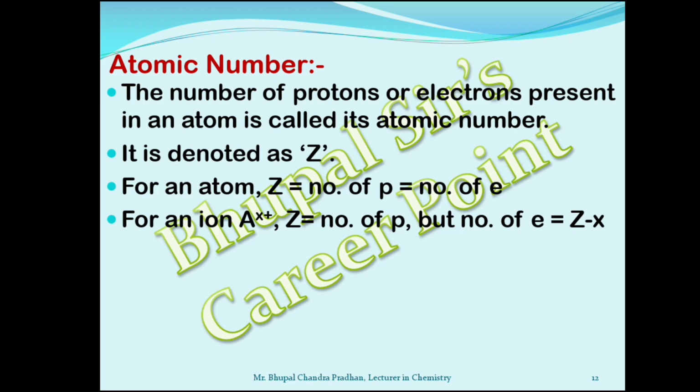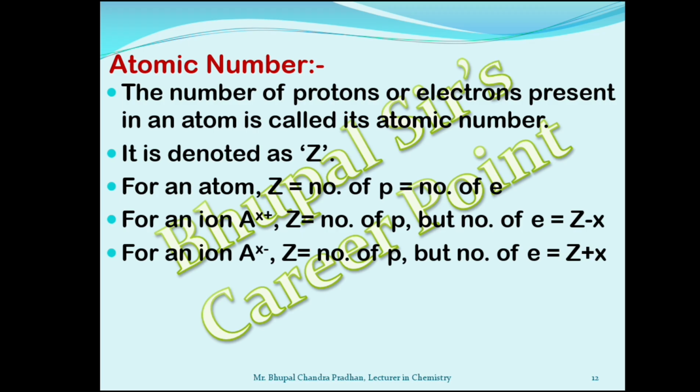But for an A^(x+) ion, Z is equal to the number of protons, but the number of electrons is equal to Z minus x, because by losing x number of electrons, the atom acquires x positive charge. For an A^(x-) ion, the number of protons is equal to Z, but the number of electrons is equal to Z plus x, because by gaining x number of electrons, A becomes an A^(x-) ion.